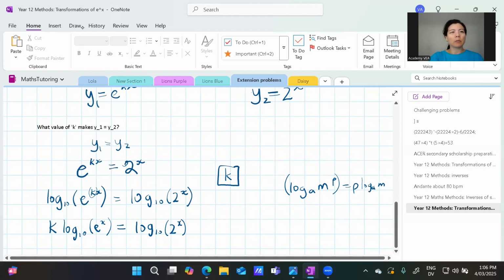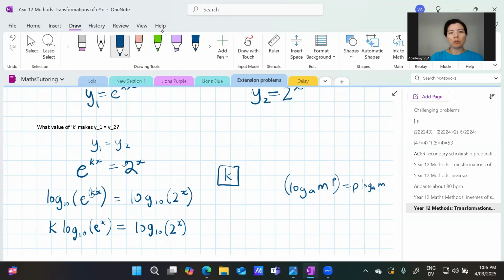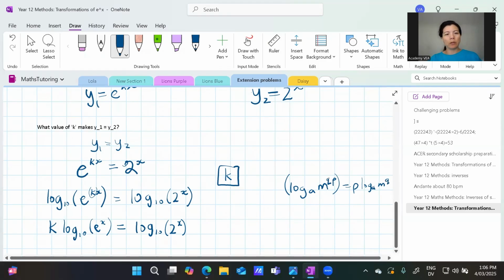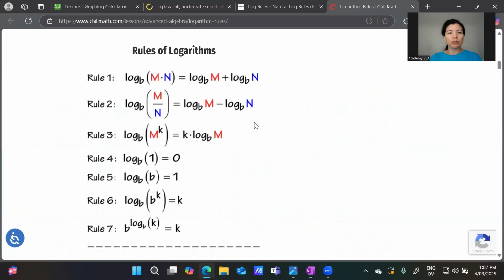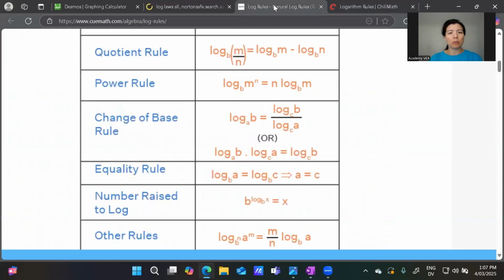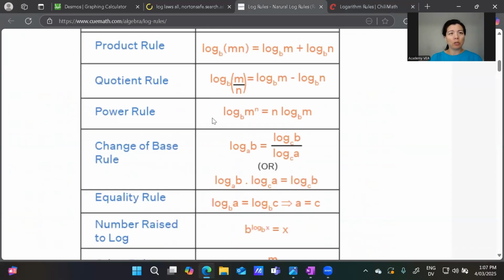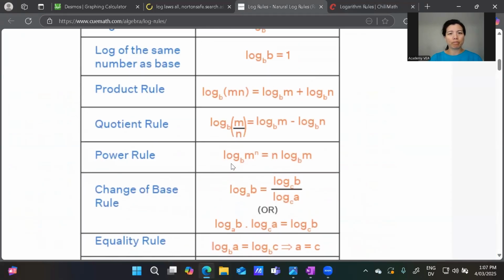And even if you have some kind of other constant power up here, then you can still leave that power in there. So if we look at our various log rule versions, this will be rule number 3 on the Chill Math website, and it will be the power rule according to the qmath.com.